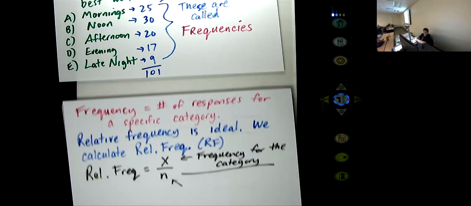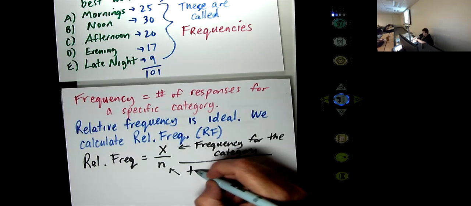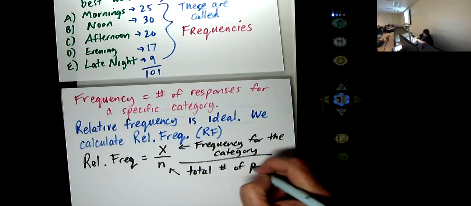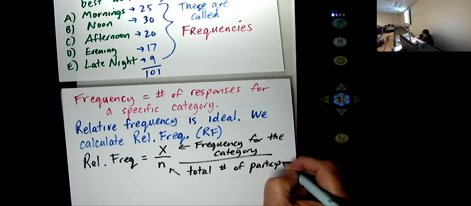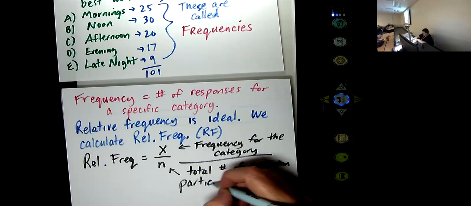N is the total number of participants. I need to write it bigger so you can read it.